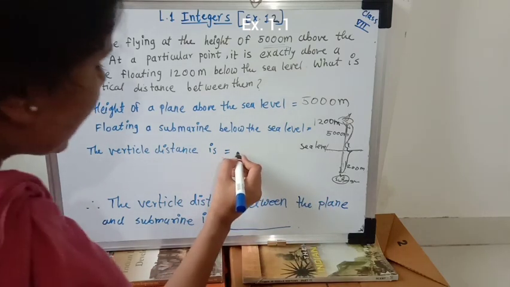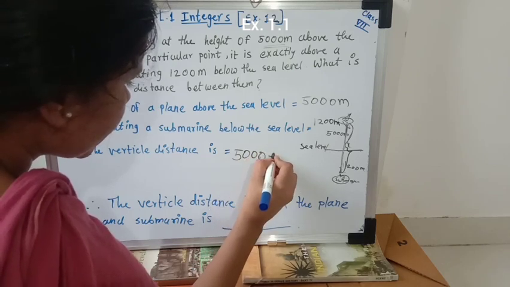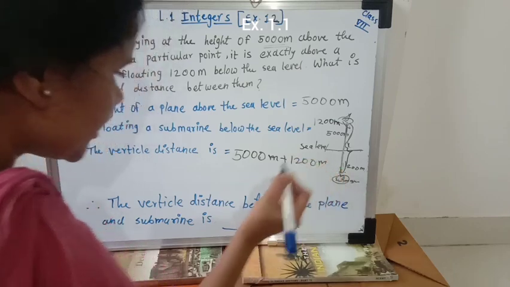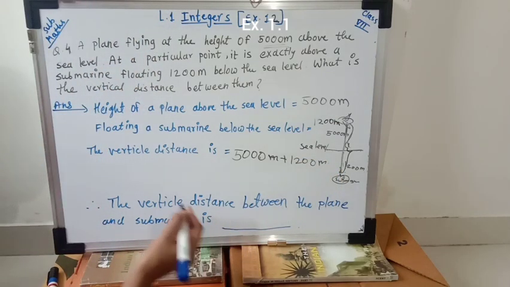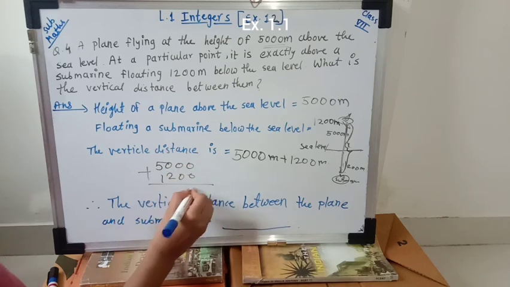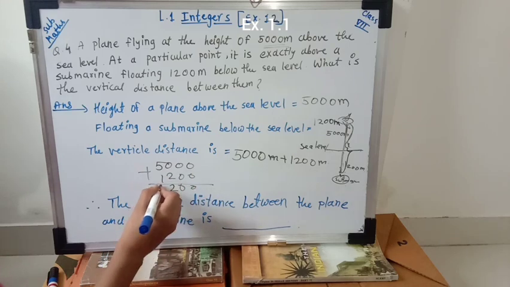Simple addition. 5000 meters plus 1200. It is very simple. 0 plus 0 is 0, 0 plus 0 is 0, 0 plus 2 is 2, 5 plus 1 is 6.